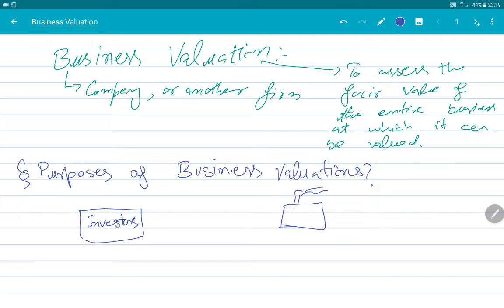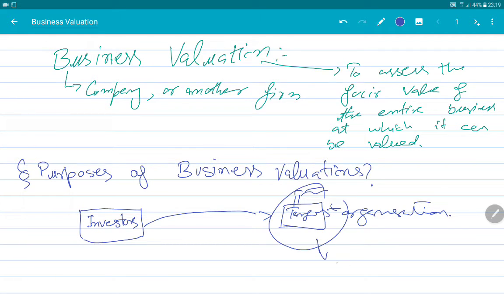So the investee or the target organization should be valued before investors make any investment or put any stake in the business. So this company would be valued with the techniques of business valuation.